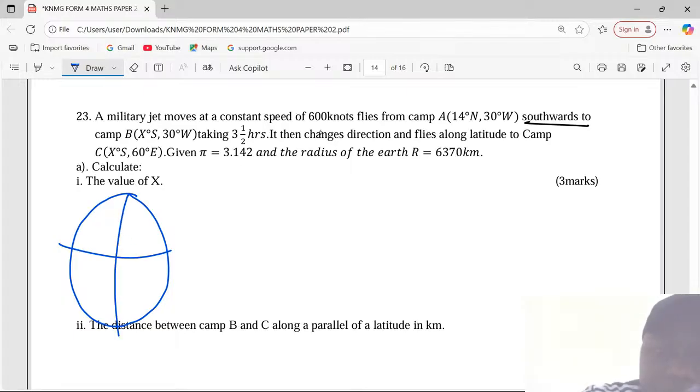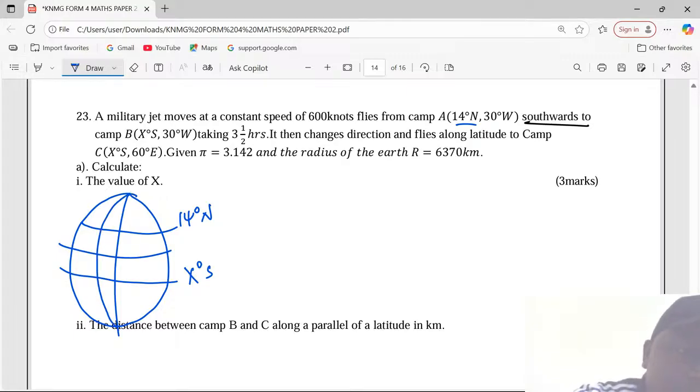So we are moving from north 14 all the way to south, x in the south. And we are moving along 30 in the west.